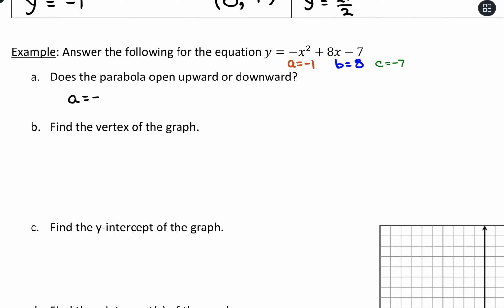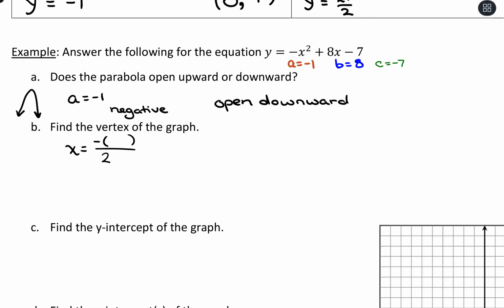So a is negative 1, and because that is negative, our parabola is going to open downward. So something with this shape. Finding the vertex, we're going to go x equals negative b over 2a. So b is positive 8, a is negative 1. So we're going to have negative 8 over negative 2 for a positive 4.